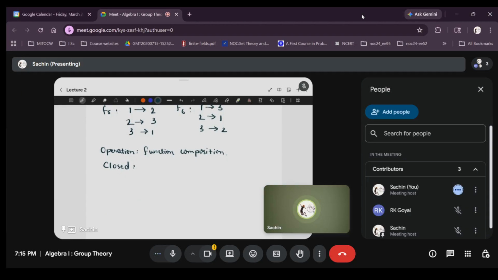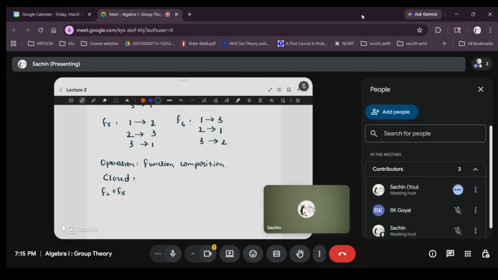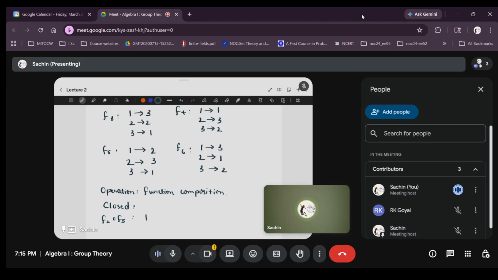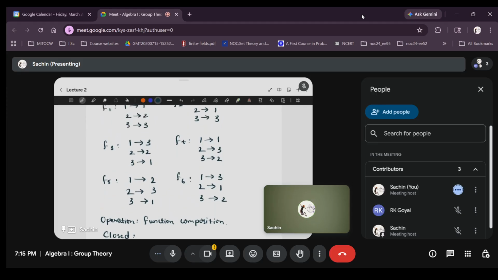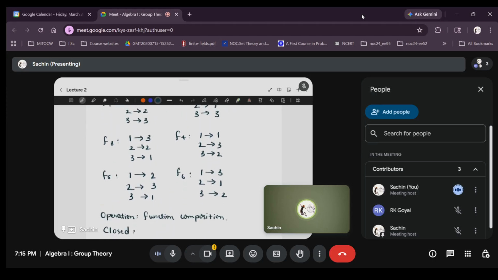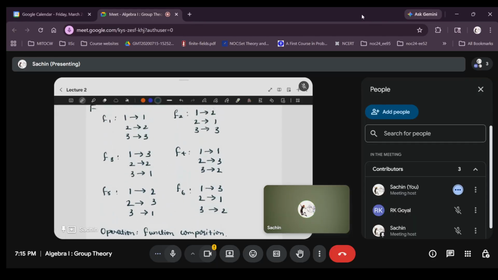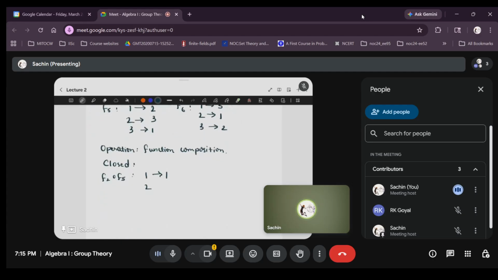For example, F2 composed with F5, what will it be? F5 will send 1 to 2. Then 2 is sent to 1 by F2. So 1 is sent to 1 by the composition of these two functions. Then F5 sends 2 to 3 and F2 sends 3 to 3 itself.